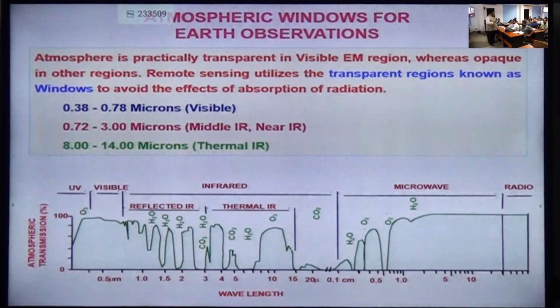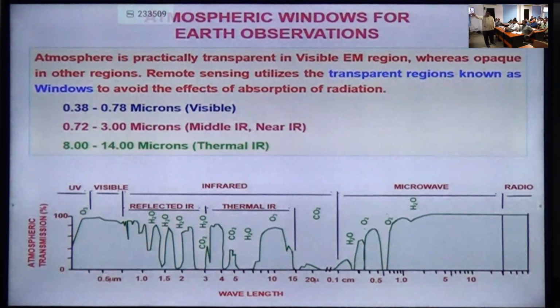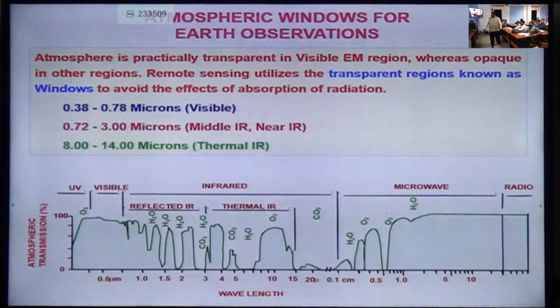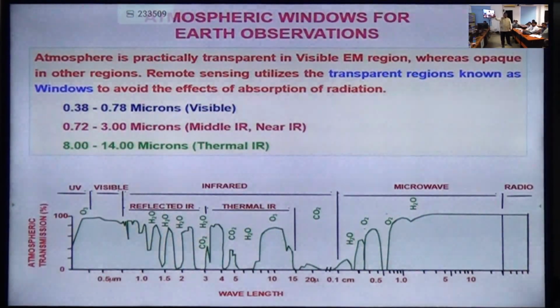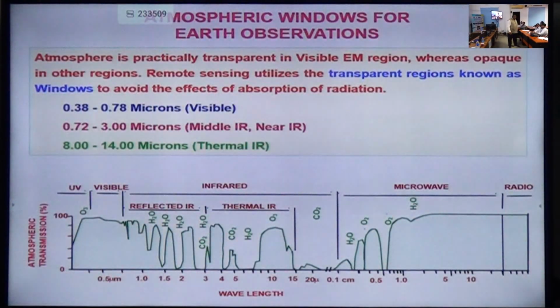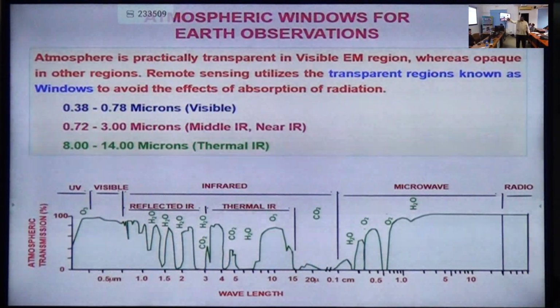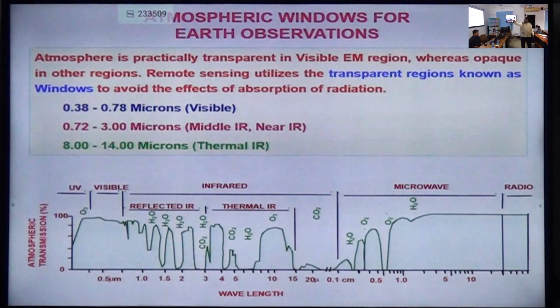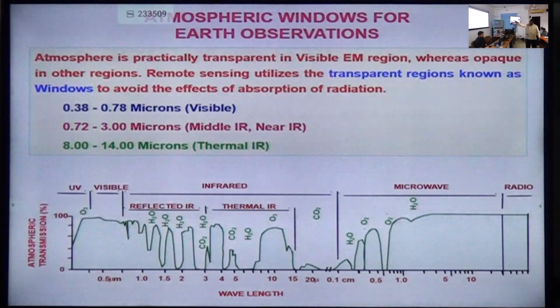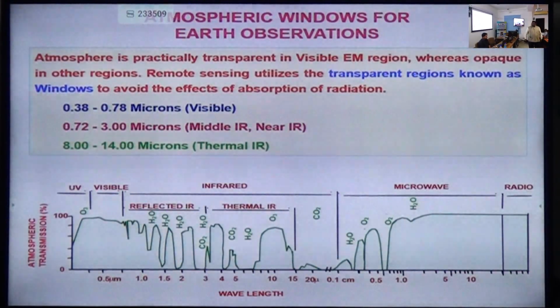So the thing is, how can we get the information of the objects? The atmosphere is practically transparent in the visible electromagnetic region, whereas opaque in other regions. Remote sensing utilizes the transparent regions, known as windows, to reduce the effect of the absorption of radiation.